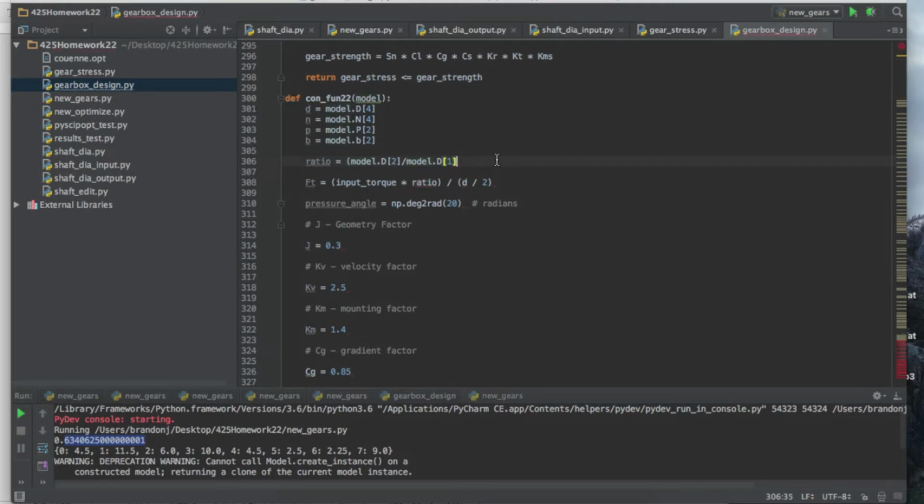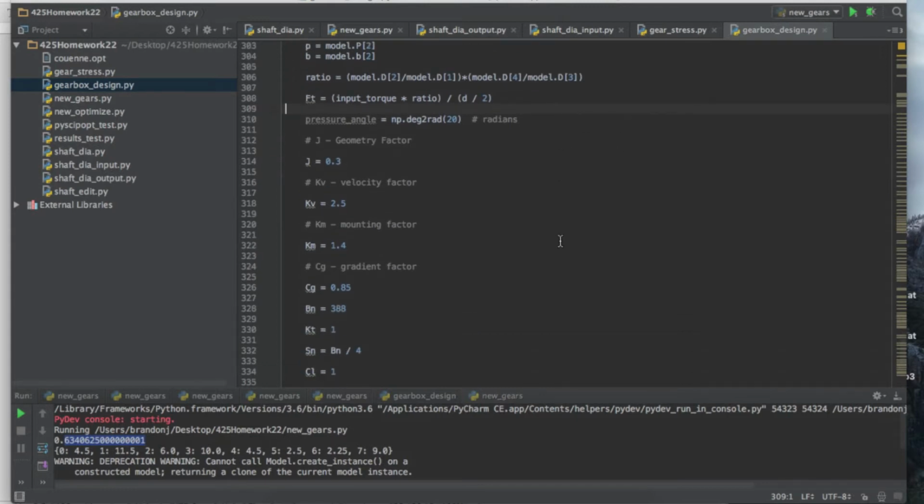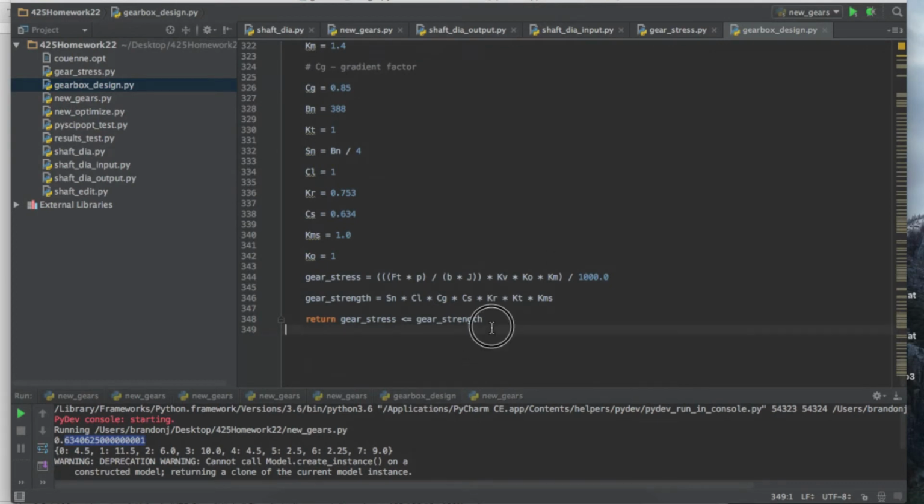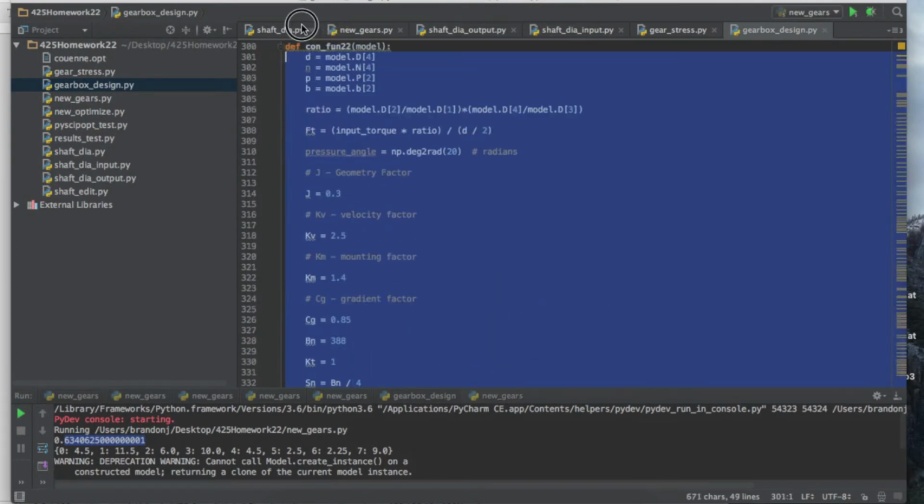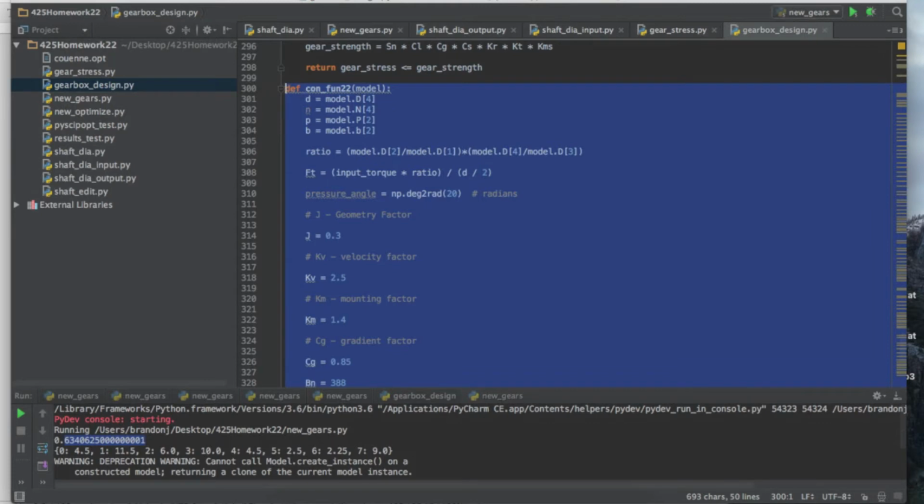It's going to be this ratio multiplied by model.d4 over model.d3, okay? So this is the total forward gear ratio. That's what we have for this gear. So that's all set. So we've gone through and done all the forward gears.